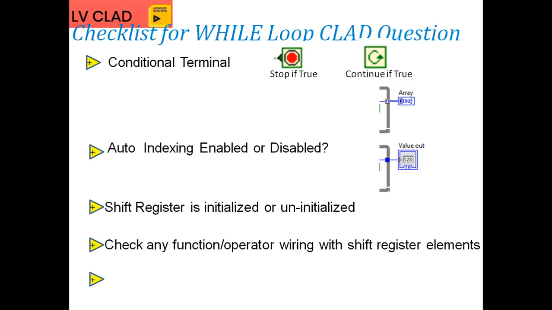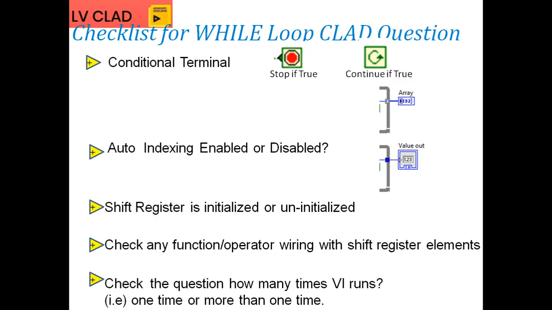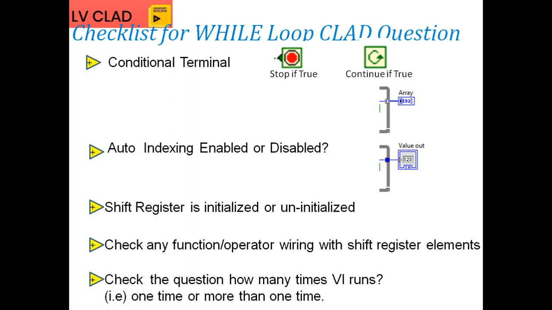We will discuss that in detail in the for loop concepts. So just check whether any such functionality is available or not. And finally, check in the question how many times the VI is running. As I mentioned in the last question, whether the execution is done only one time or more than one time. That's also a very important thing.